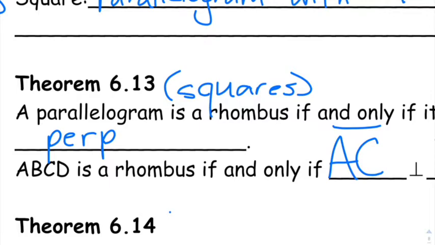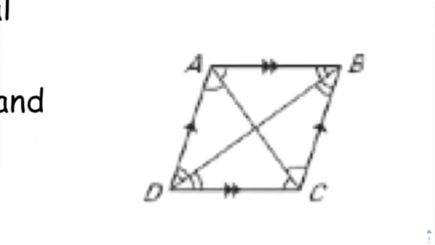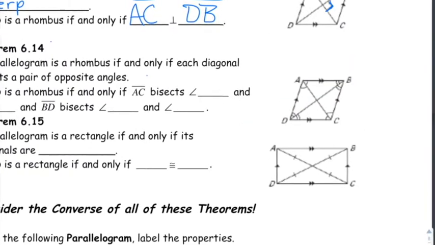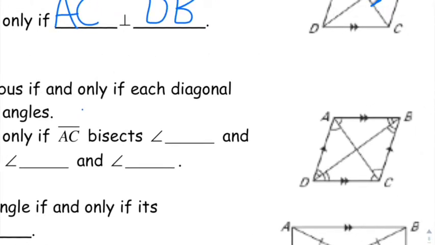So rhombuses and squares. Alright, check this out. A parallelogram is a rhombus if each diagonal bisects a pair of opposite angles. So not only do we have this right angle going on here, the diagonals are angle bisectors.